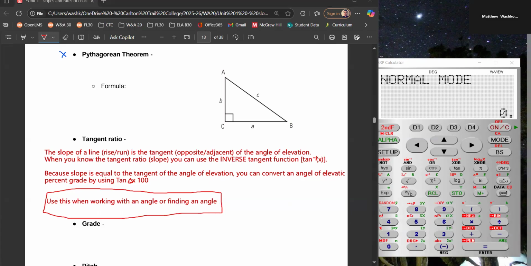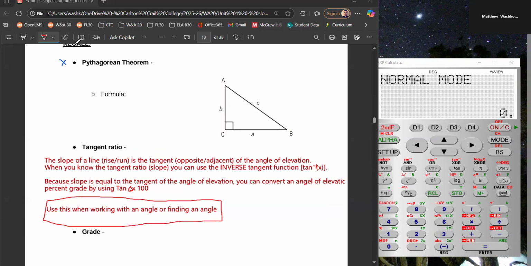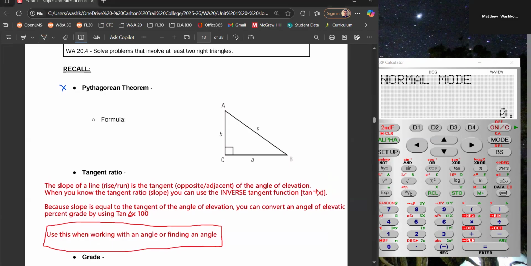Sorry, let me close out of that. There we go. So going back up to this space here, the first thing we need to do is label the triangle.